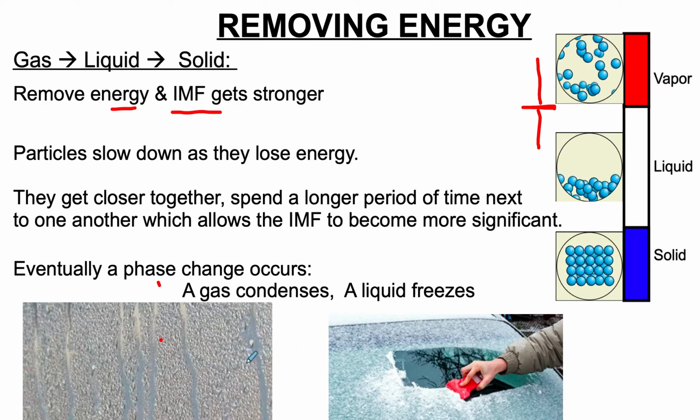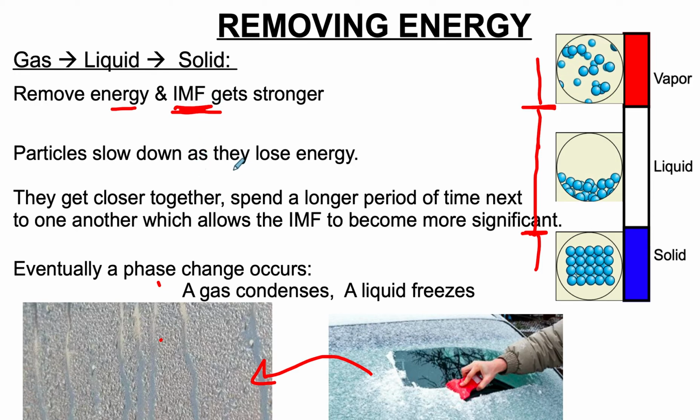You can imagine seeing this outside in the summertime. You wake up and you might see dew on the grass or on your windows. But if it gets cold enough, that liquid drops, like the temperature does, and then it hits a temperature at which it freezes. And now we call it frost. So this is the same as this. It's just undergone another phase change. It lost even more energy, and the intermolecular forces got even stronger.